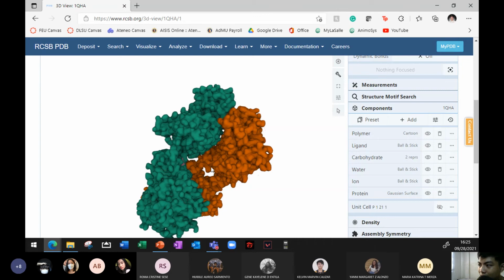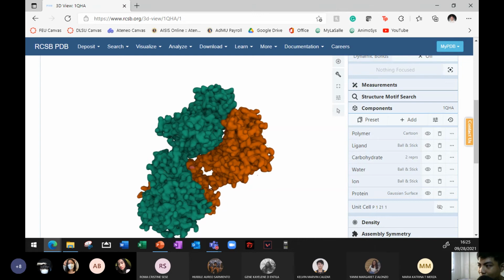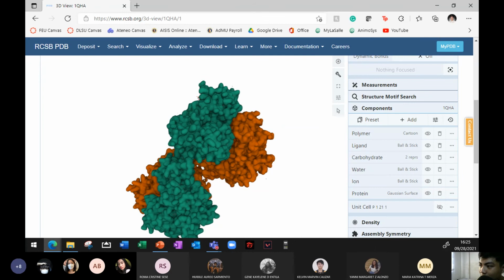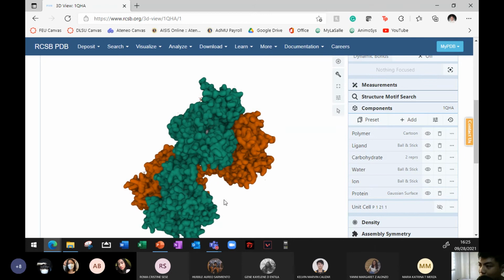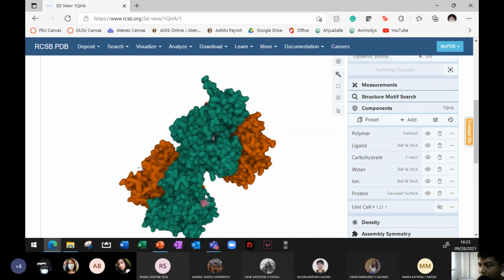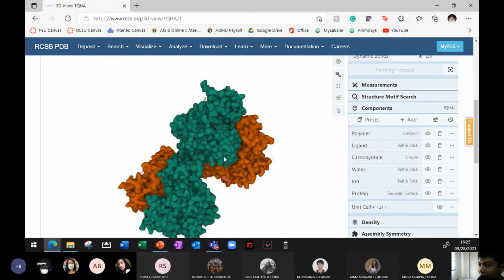So dito nangyayari yung acid base, dito nangyayari yung enzyme catalysis. Kapag yung ating glucose pumasok dito, madadagdagan siya ng phosphate and ilalabas siya. So, these clefts here in your protein, they are primarily called the active site. Anyway, pag nag-discuss tayo ng enzymes next meeting, mas makikita nyo yan.